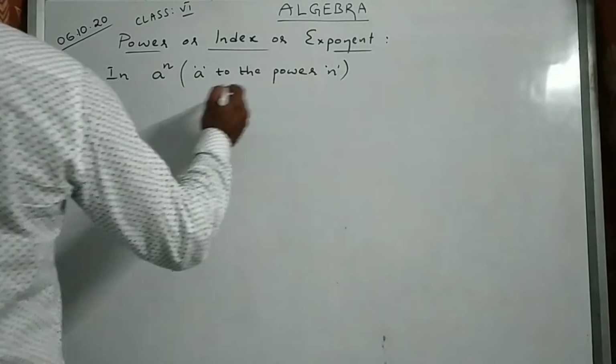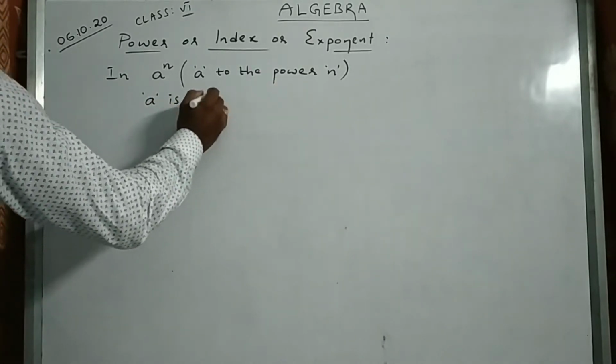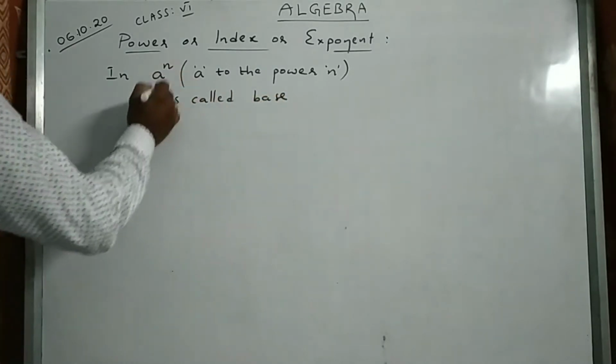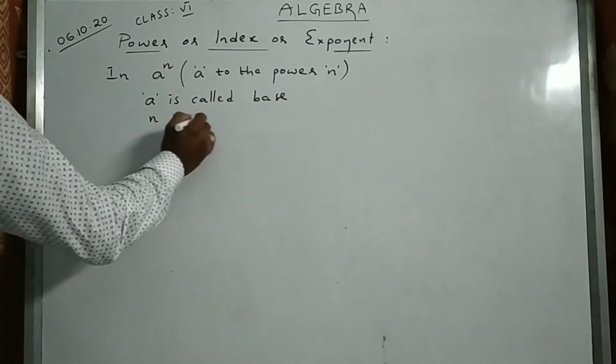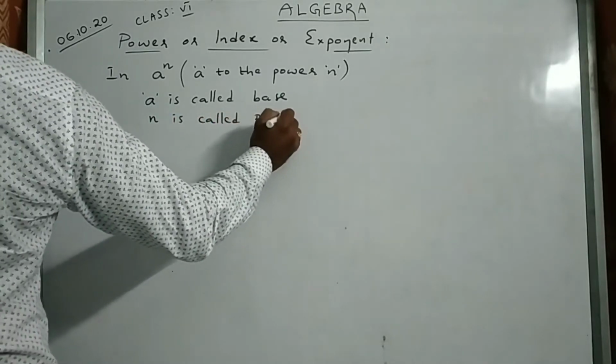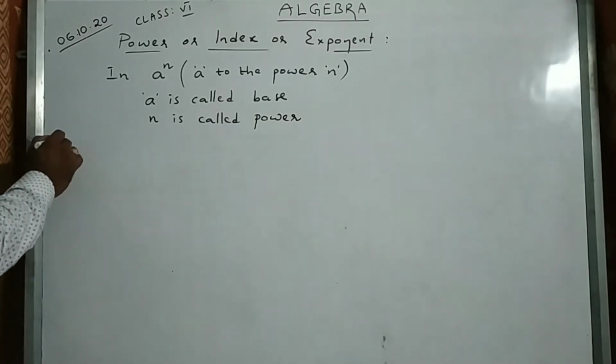In a to the power n, this a is called base. N is called either power or index or exponent. A to the power n.